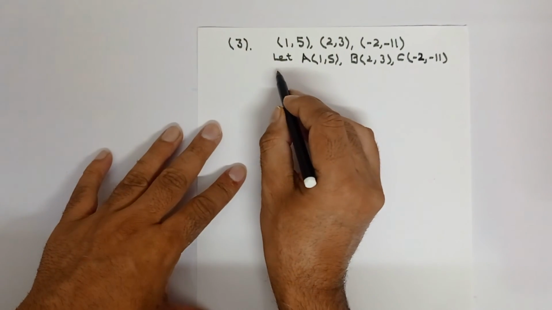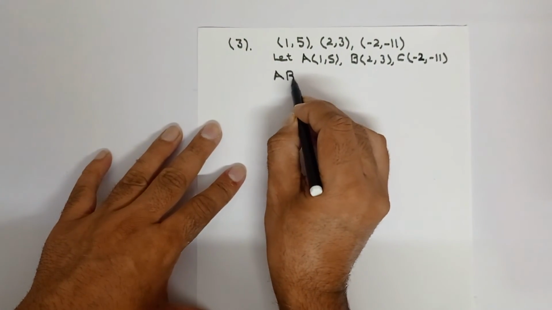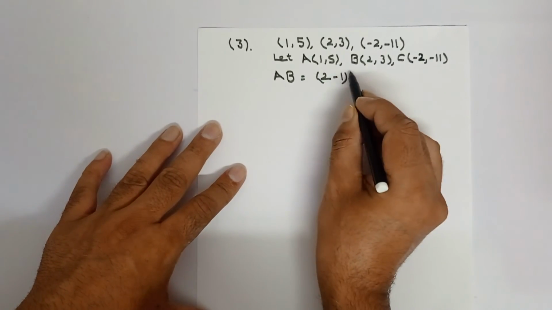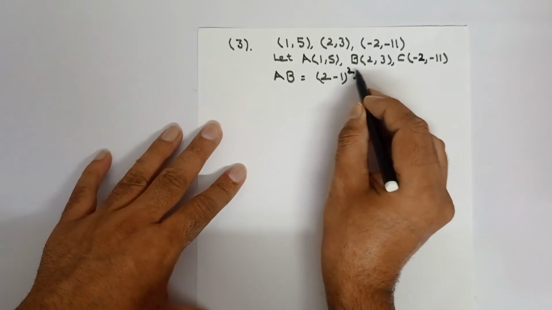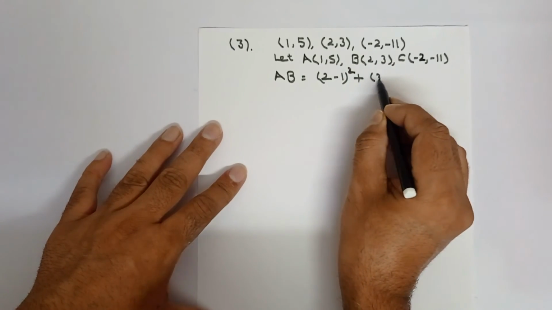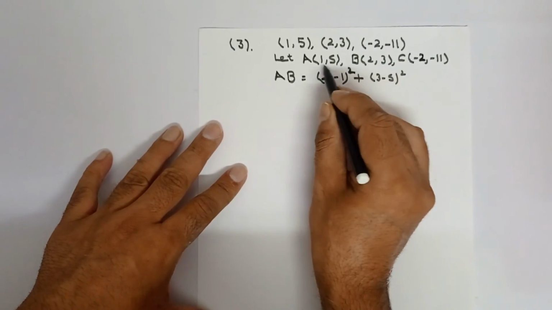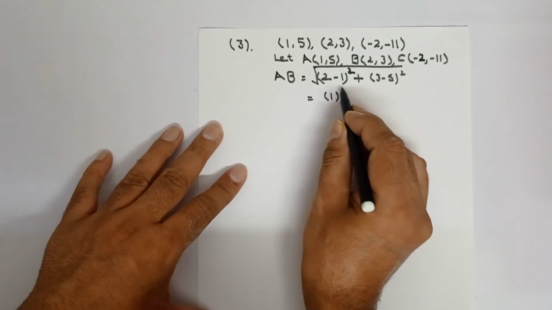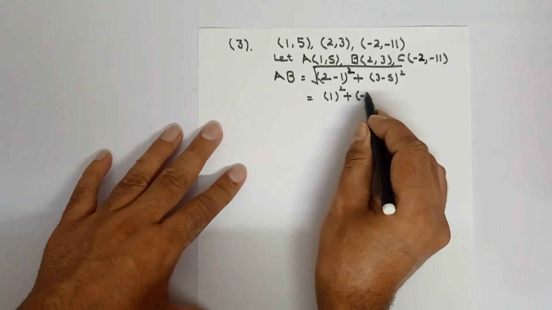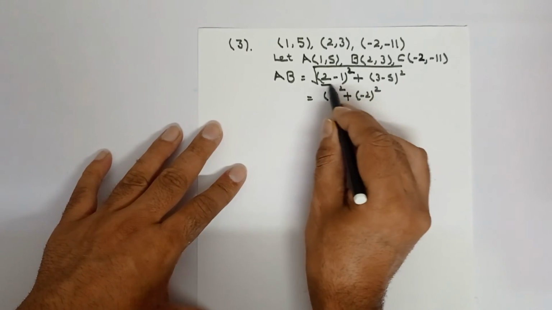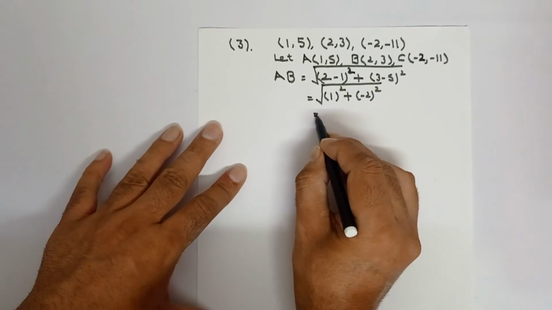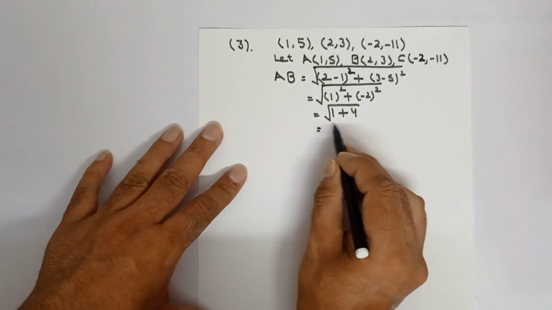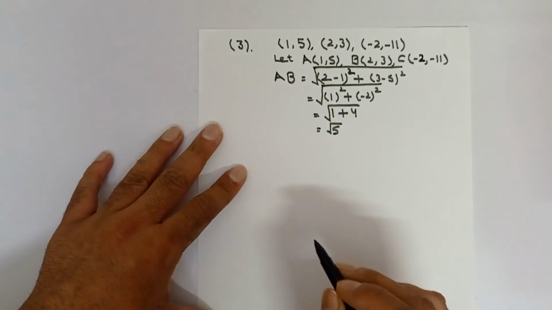So let's calculate AB first. 2 minus 1 whole square plus 3 minus 5 whole square. So what is 2 minus 1? 1. This is 1 square, and 3 minus 5 is -2 square. 1 square is 1 and -2 square is 4. 1 plus 4 under root becomes 5 under root.